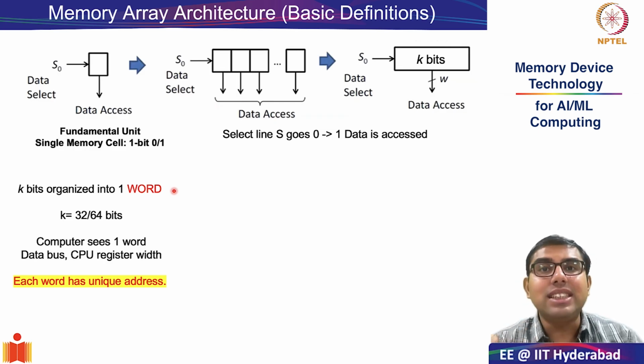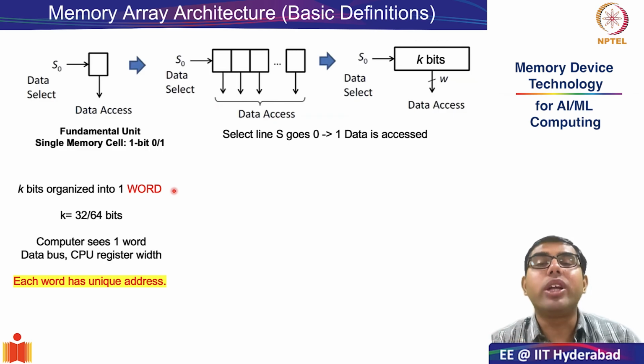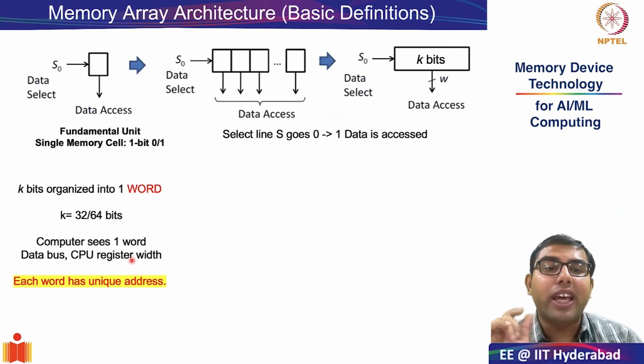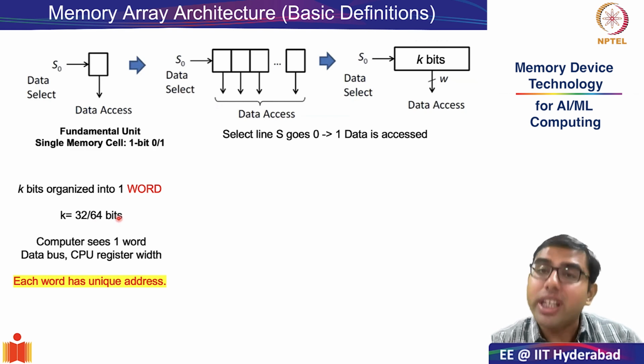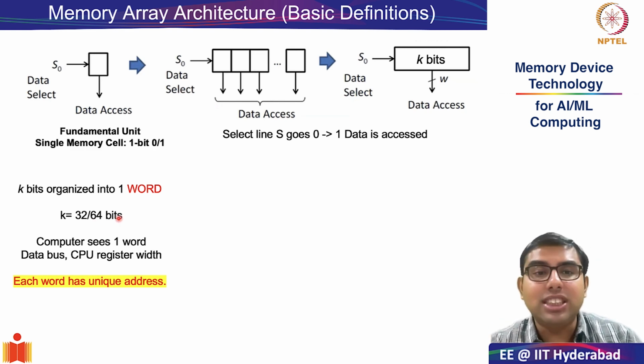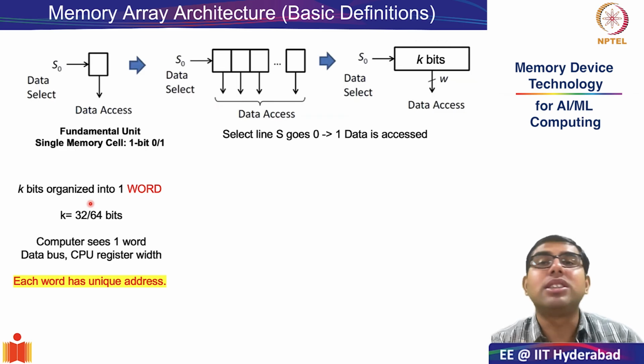What this means is that the size of the CPU registers is generally k bits. Earlier CPUs used to have 32-bit processors. Now there is an upgradation and mostly we have 64-bit processors. And for really high-intensity AI/ML computations, there are specialized CPUs which also see 128 bits as a single word.